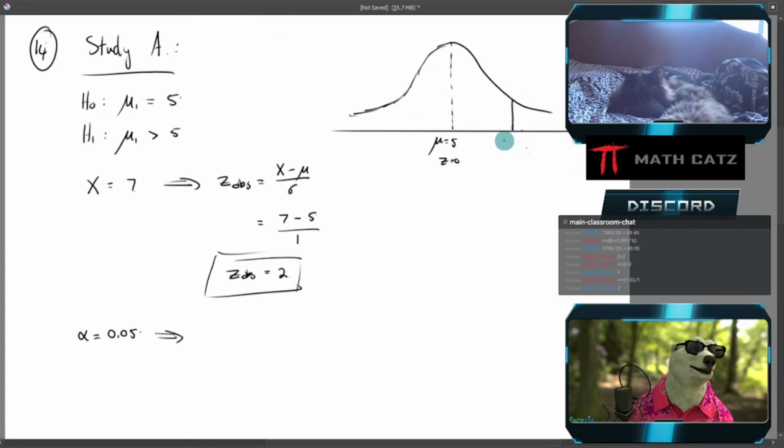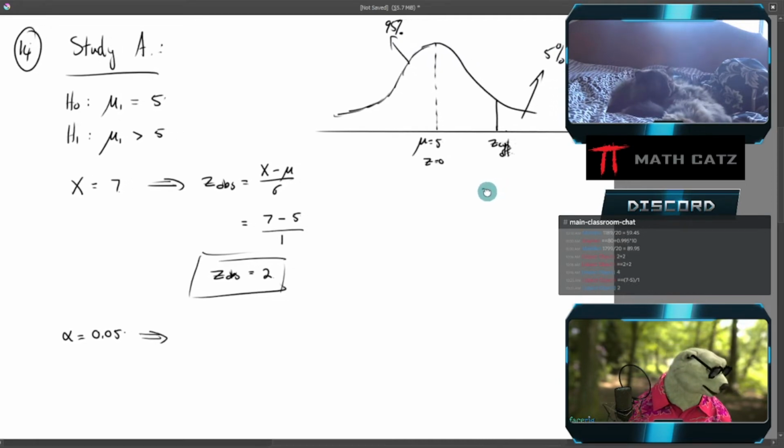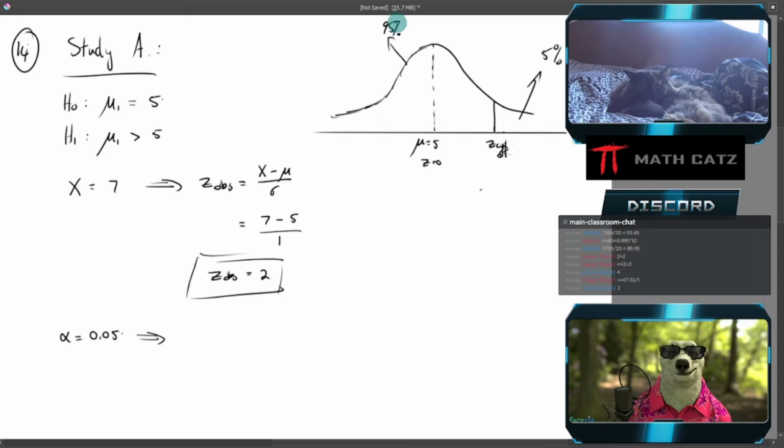That's going to be my cutoff z-score, so that in the tail will be 5% of all the scores, and then, of course, 95% of all the scores over here. Let me just move this a little bit so you can see the 5%. There we go. And 95%, of course, on the other side.